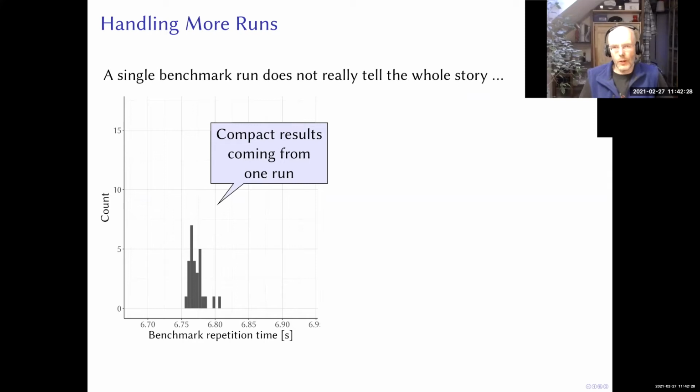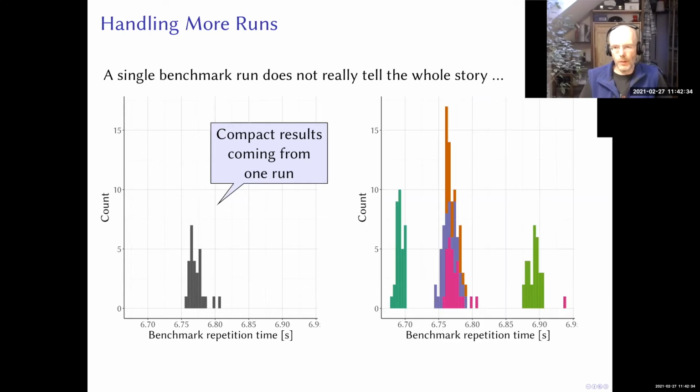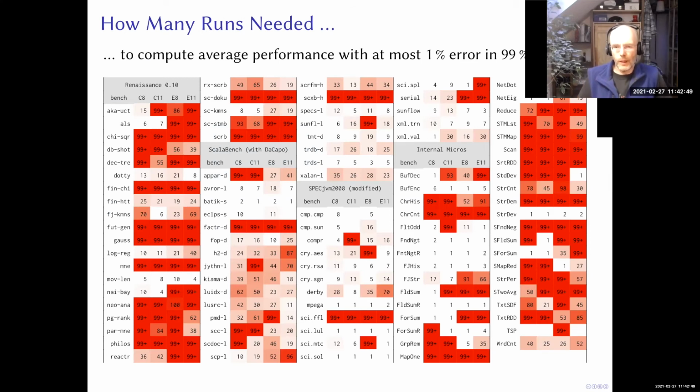However, because the JIT is non-deterministic and many other things in the system are as well, if we run the benchmark multiple times, we might see more runs which really have significant variability depending on the benchmark. So the next table I want to show you is, if we decide on the required accuracy, for example 1%, how many runs do we need for each benchmark?